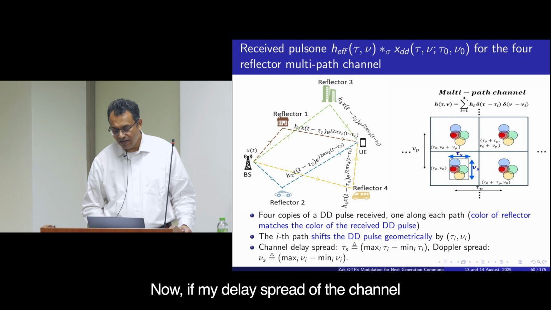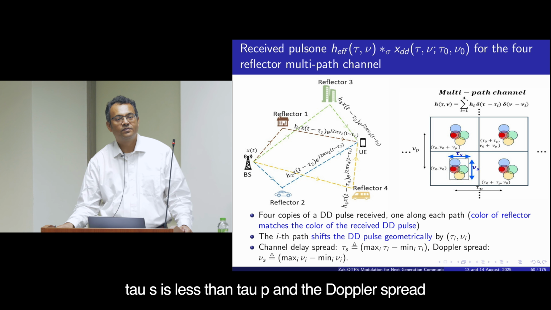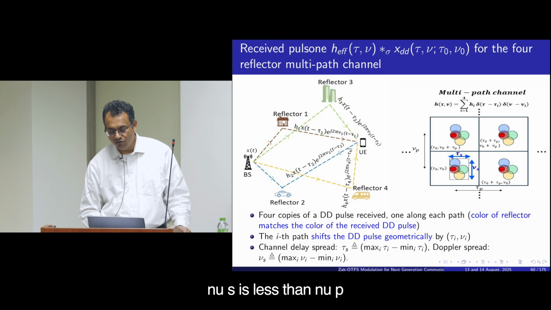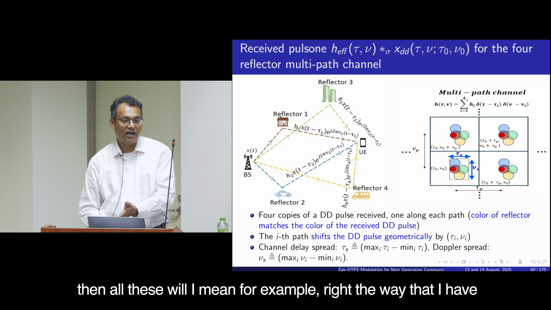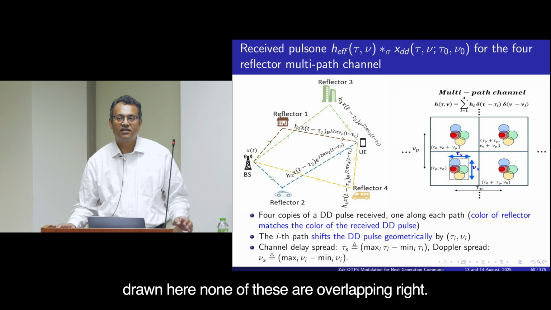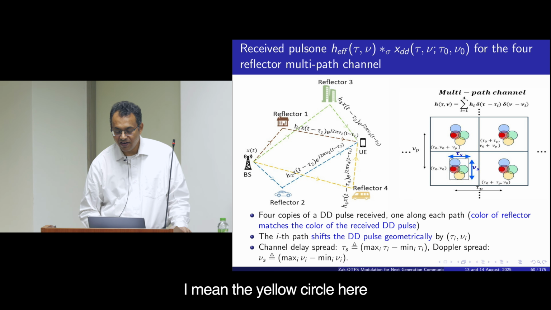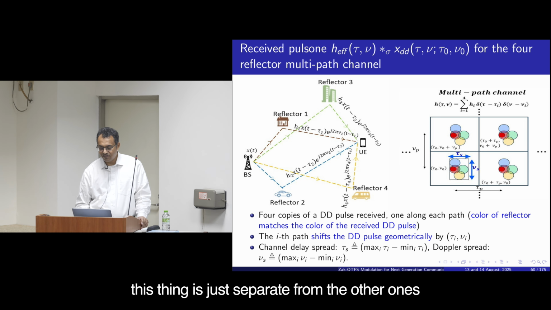Now if my delay spread of the channel tau s is less than tau p, and the Doppler spread nu s is less than nu p, then none of these are overlapping, right? The yellow circle here is not overlapping with the blue or any other circle, this is just separate from the other ones.